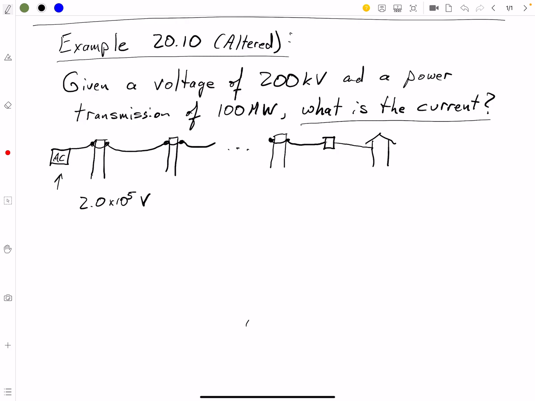We want a power transmission, and the total power that we're going to transmit is 100 megawatts. Okay, so we want 100 megawatts.